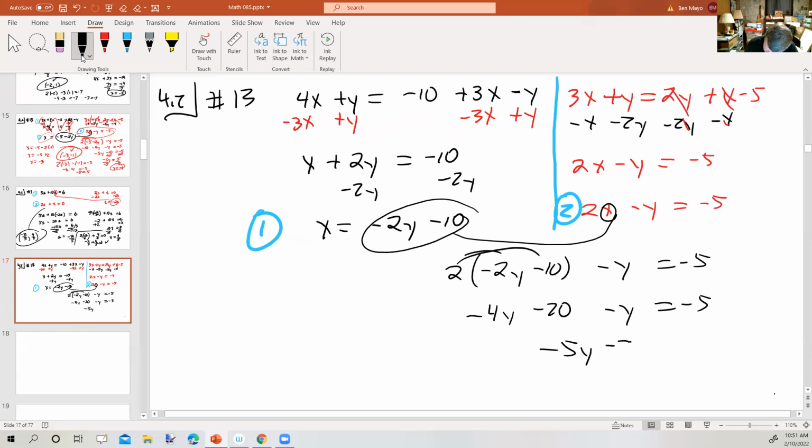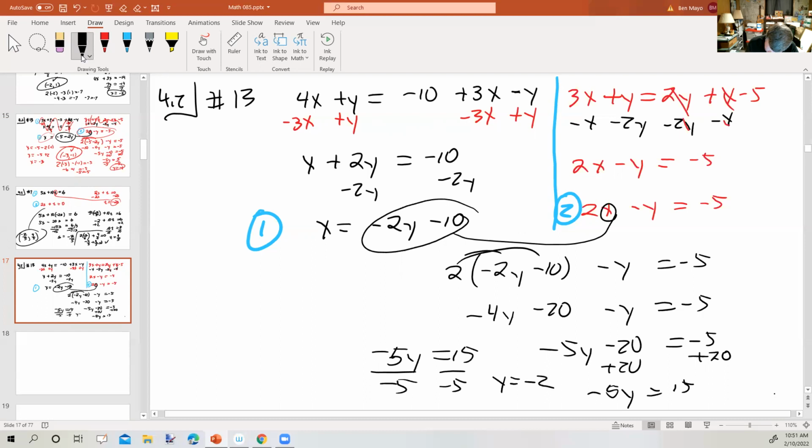Combining like terms, -5y minus 20 is -5. Add 20 to both sides, -5y equals 15. I'm going to take -5y equals 15 and divide both sides by -5, y equals -3.